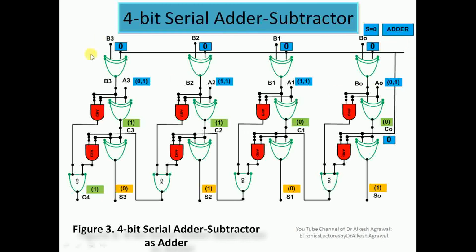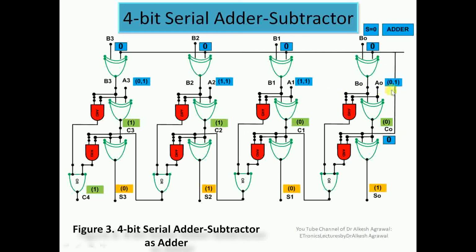So nothing is changed. What is important is that when S is 0, whatever we are giving at B0, B1, B2, B3 will appear at this output as B0, B1, B2, B3, and then this whole circuit will work as a 4-bit adder as we have discussed in the first slide.